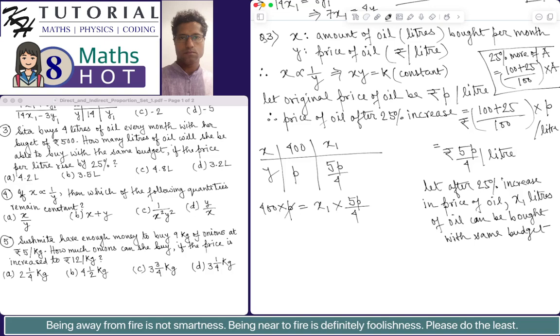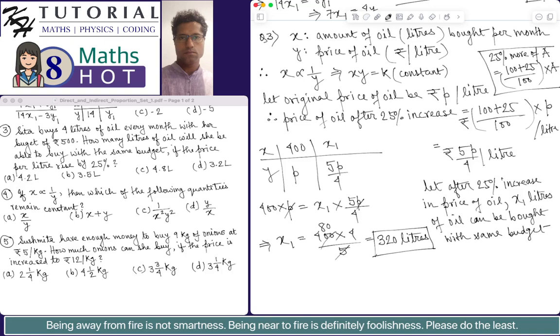So P cancels out from both sides, and X1 is equal to 400 multiplied by 4 divided by 5, and this is 320 liters. 320 liters of oil can be purchased when the price per liter of oil has increased by 25%.